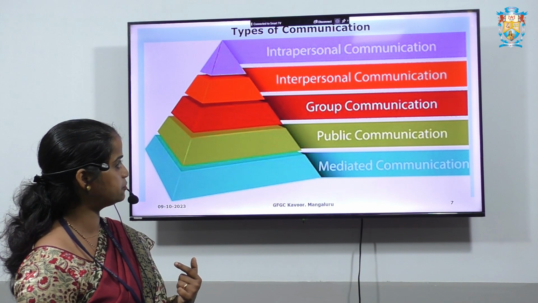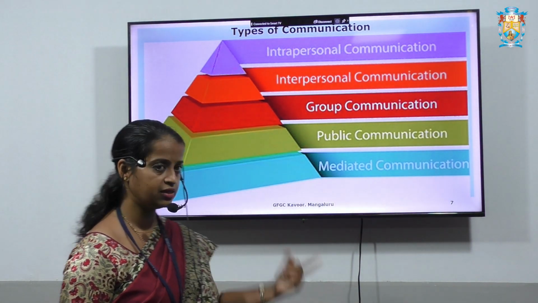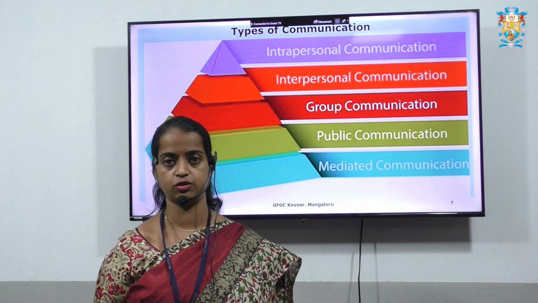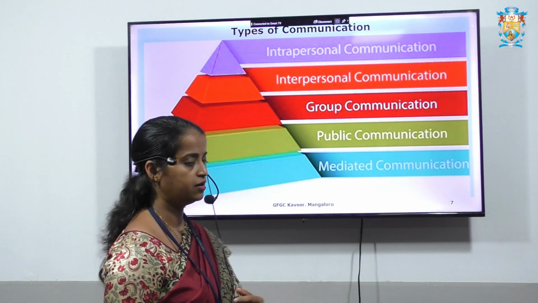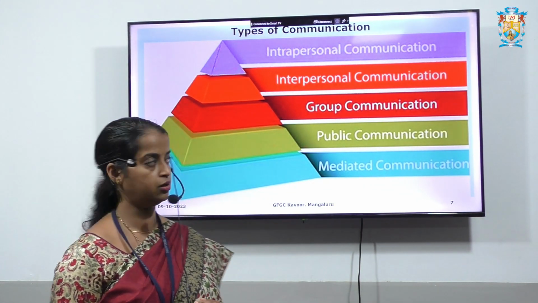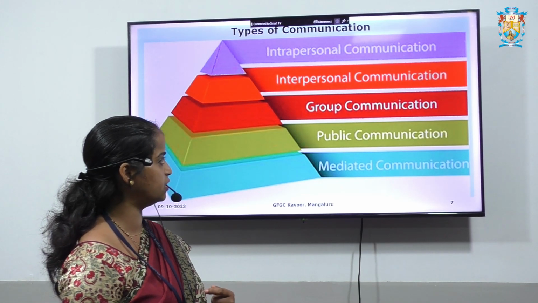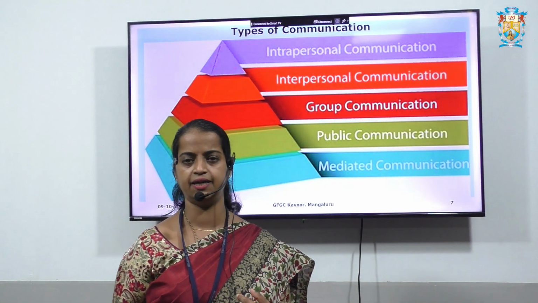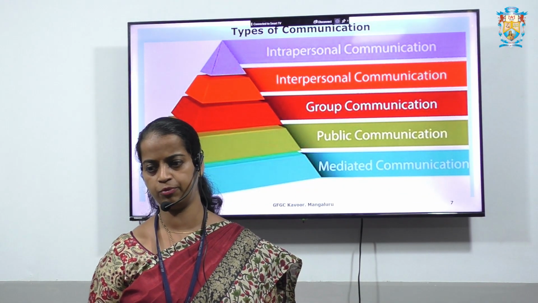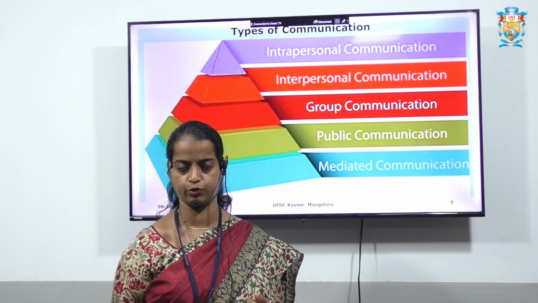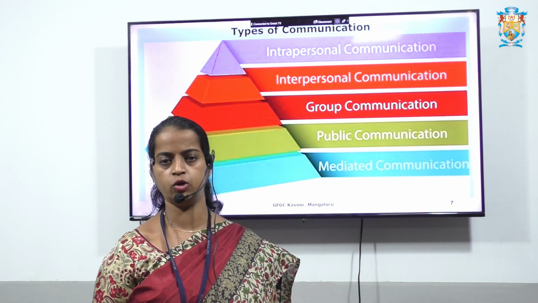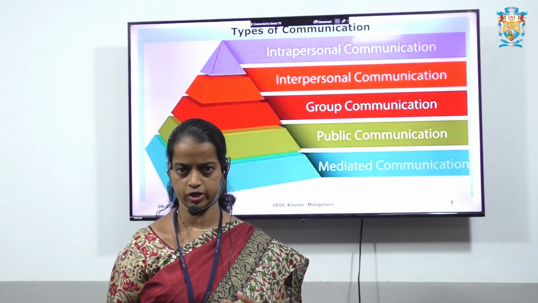Next we have types of communication. Other than these, there are some other ways of communication. Now let us see the given types of communication. First one is intrapersonal communication. Second, interpersonal. Third, group communication. Fourth, public, and fifth, mediated. Now what do you mean by intrapersonal communication?